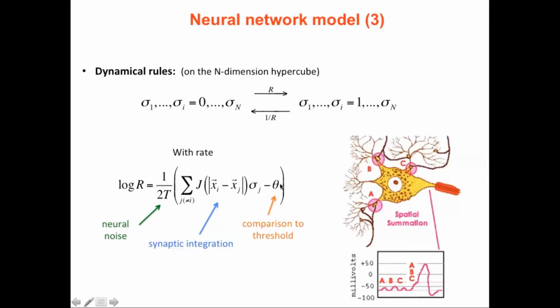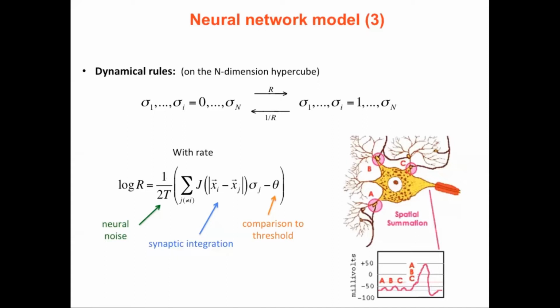I will compare it to some threshold theta here, and I will get some number. And this number will be divided by some variable T, which I'll call neuron noise, which is similar, as you will see in a couple of seconds, to the physical temperature in statistical physics.